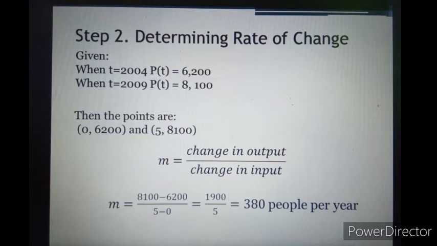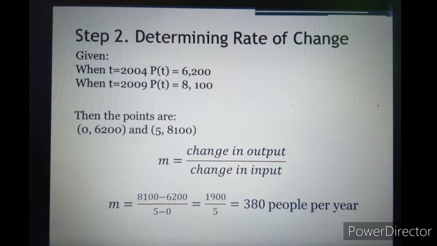The year 2009 would correspond to t equals 5 because 2009 minus 2004 is 5. So t is equal to 5 for 2009, giving the point (5, 8,100). The two coordinate pairs are (0, 6,200) and (5, 8,100).